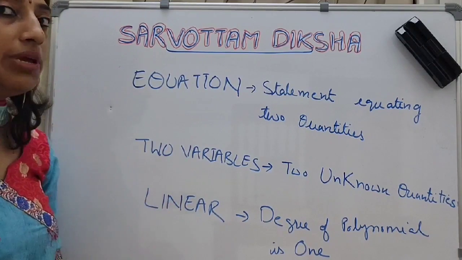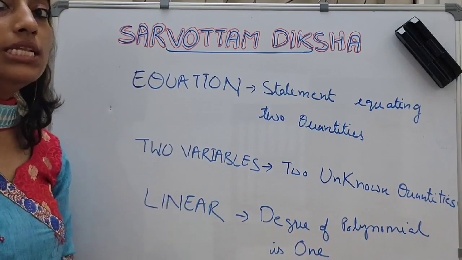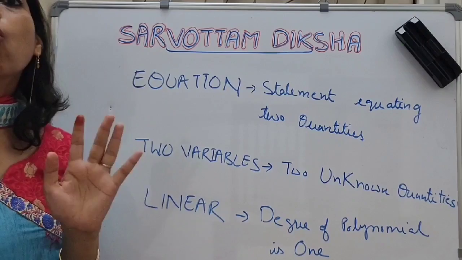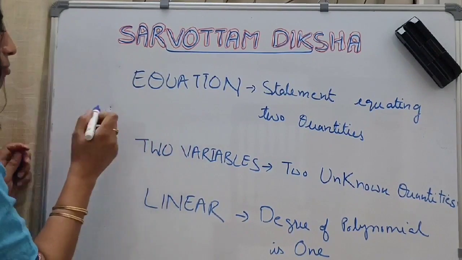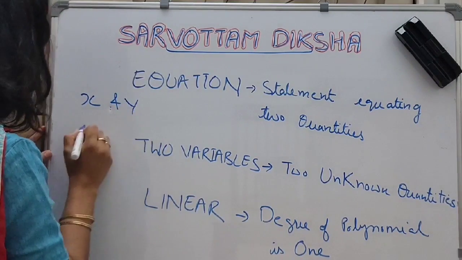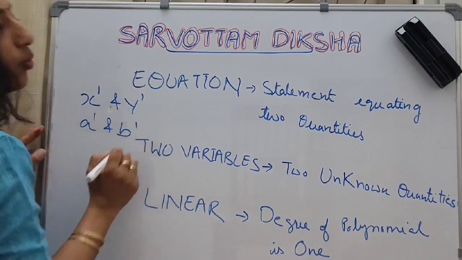Linear means the degree of the polynomial is 1. It means the degree of both the variables will be 1 only. The power of my unknown quantities, let's say x and y, a and b, will remain 1 only.